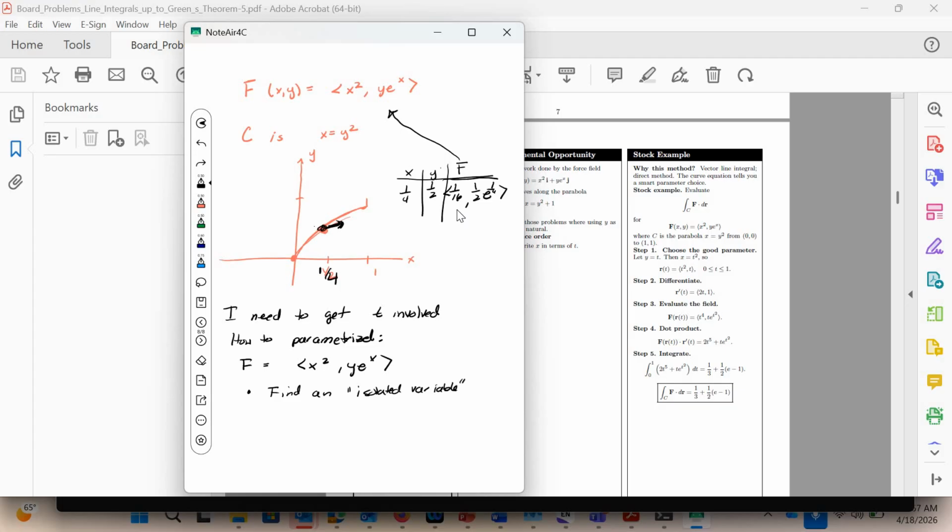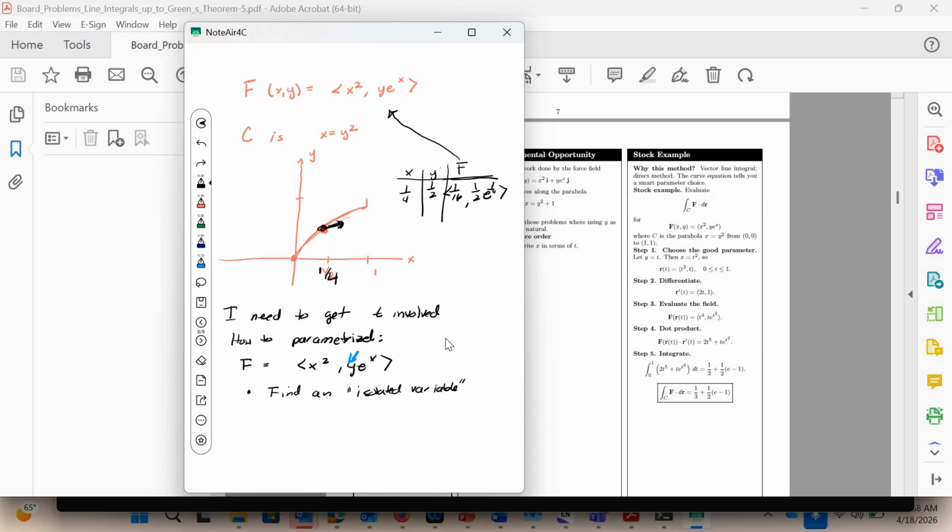And then you go back to this original capital F, which was x squared y e to the x. You still need that. I'm just rewriting it on my next page. Then I have to find out what t goes from. So they told you in the problem that it starts at 0, 0 and ends at 1, 1. So y starts at 0 and ends at 1.